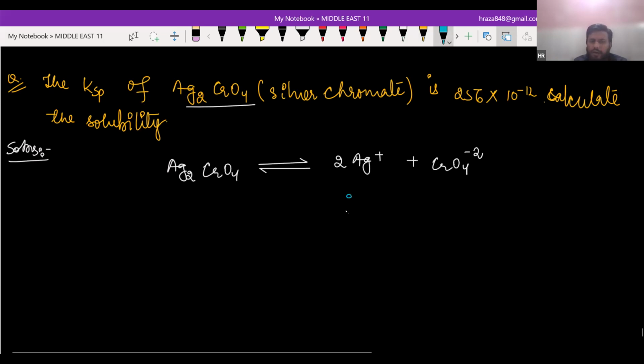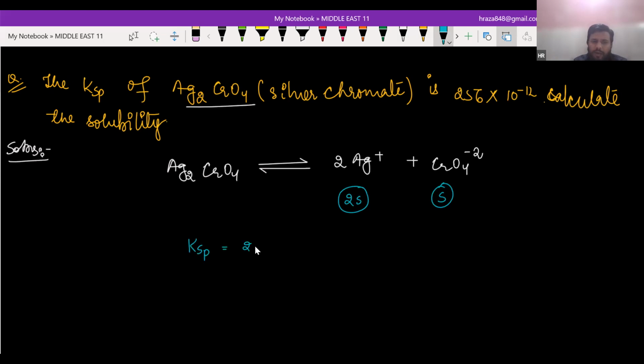Now we know that Ag will have solubility 2s and CrO4 will have solubility S. So Ksp will be equal to 2s raised to the power 2 into S.